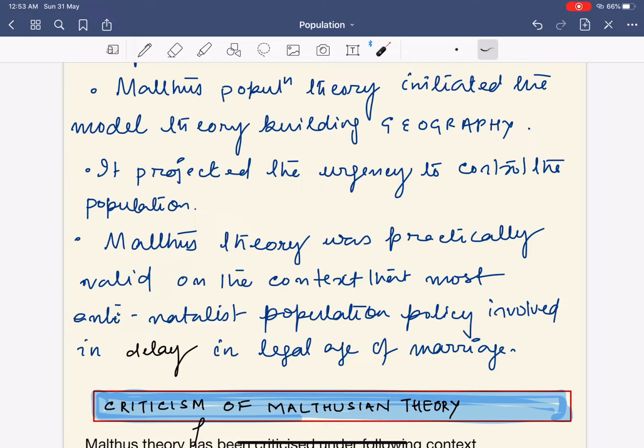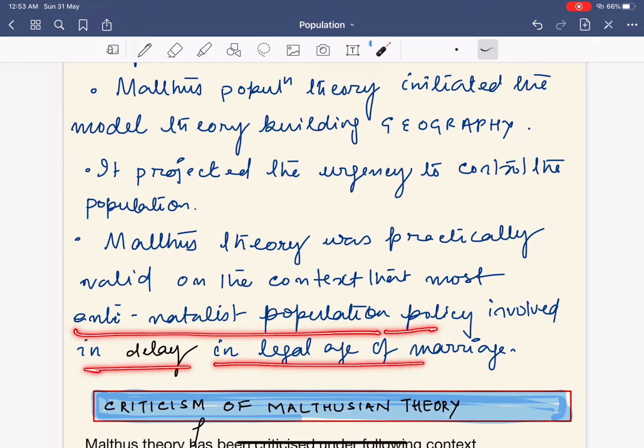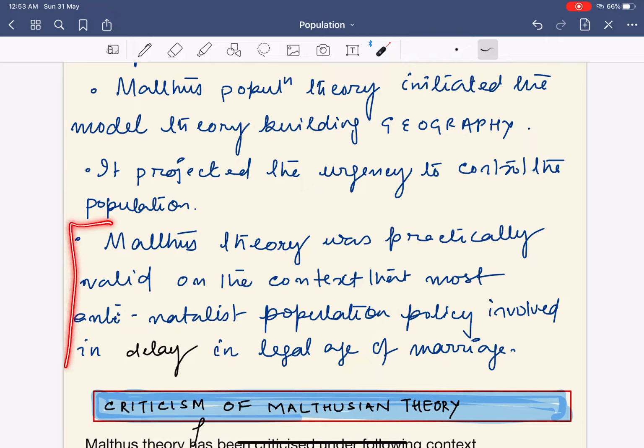Next, the anti-natalist population policy involved delay in the legal marriage age. What does this mean? It simply means look at India, China, and other African countries which have a high population. In order to reduce the population, one of the common actions they take is to increase the marriage age, or delay the age at which marriage can take place.